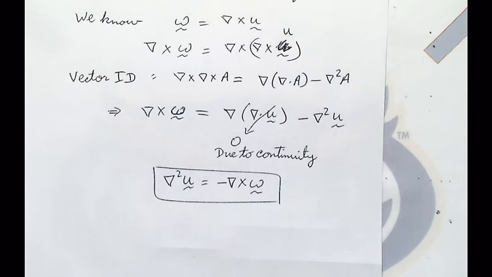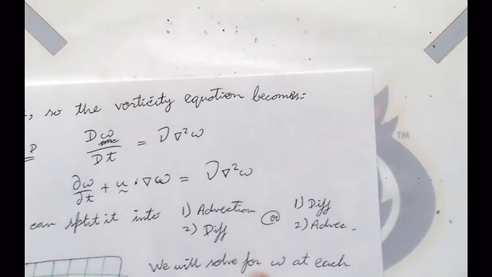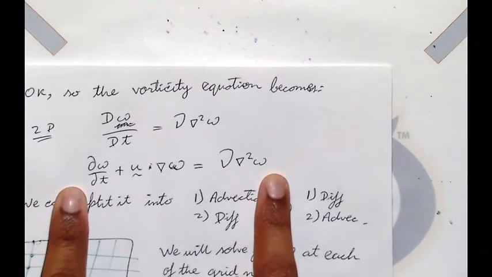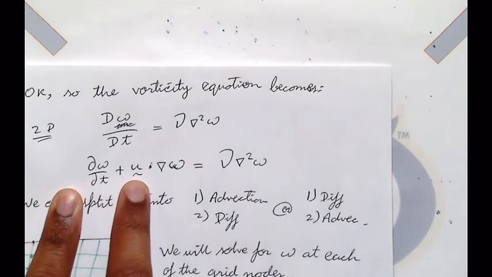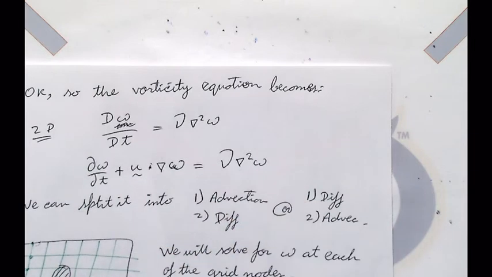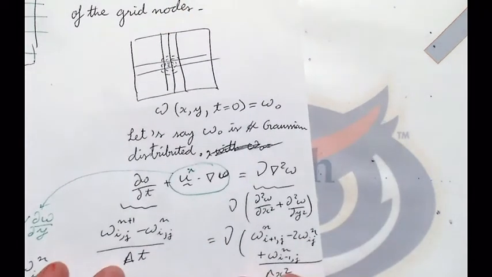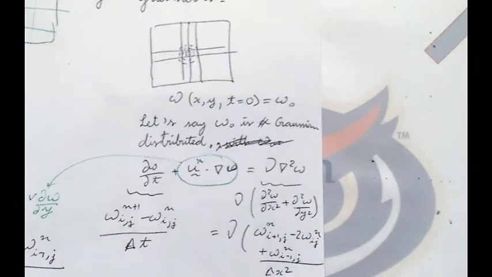So this is in a way equivalent to what pressure projection was doing. Now if we go back to the vorticity equation, we have everything we need. We know how to figure out u if we are given omega, and omega is discretized as always using i, j, and n. Make sense?